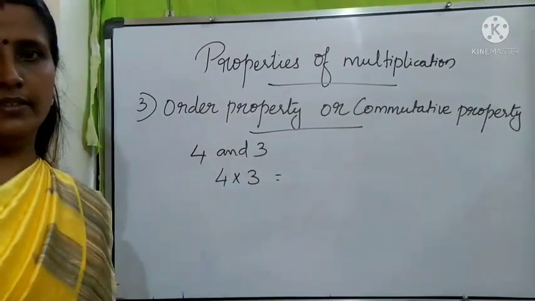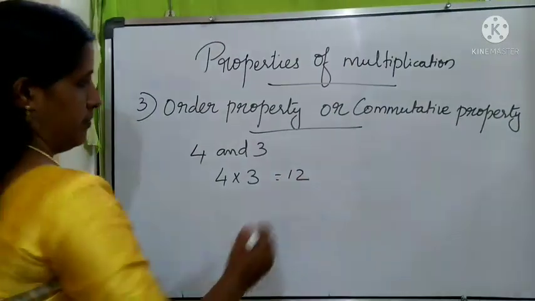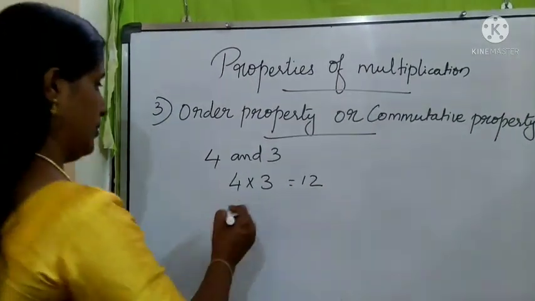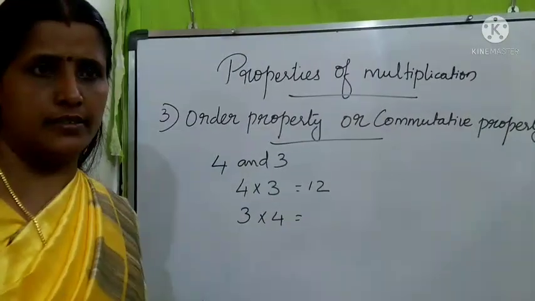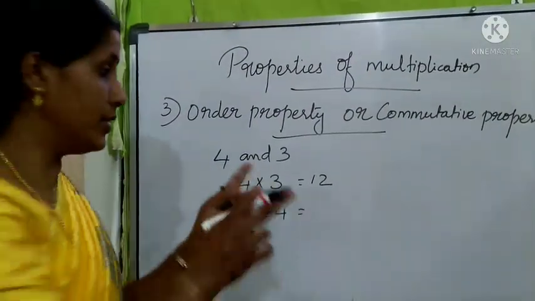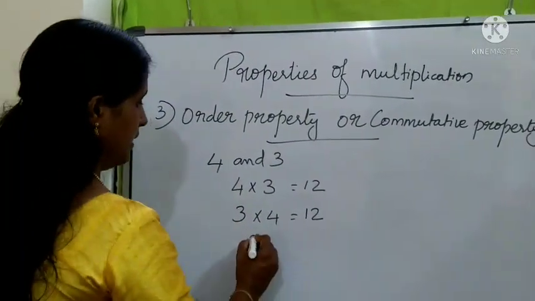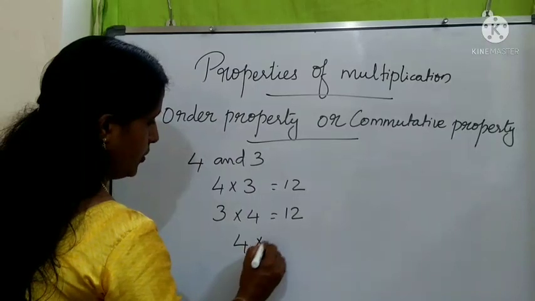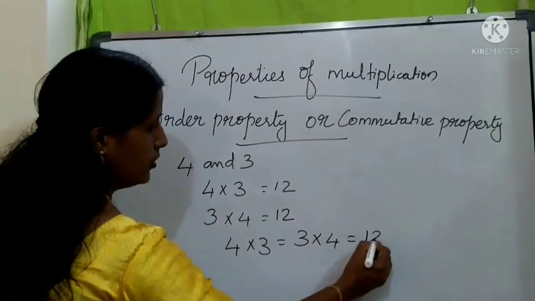What is the answer? Yes, 4 3s are 12. In the same way I can do 3 into 4. What is the answer? Yes, we got the same answer, that is 12. That means 4 into 3 equals 3 into 4 equals 12.